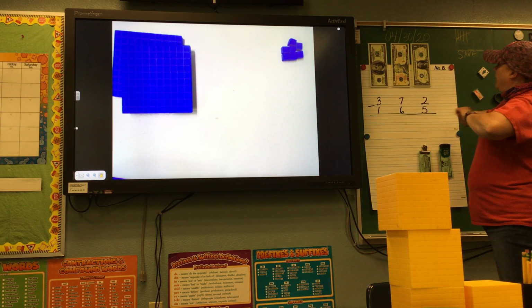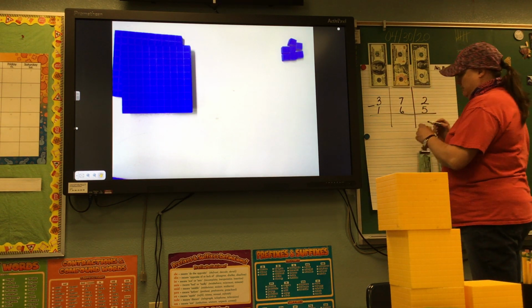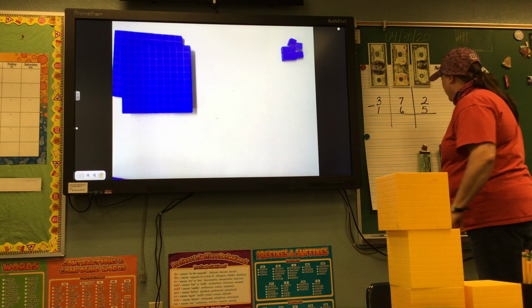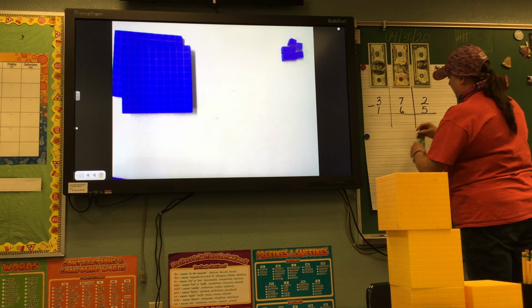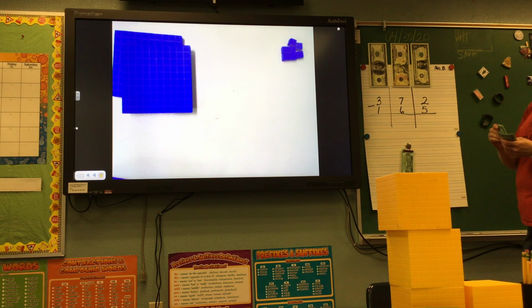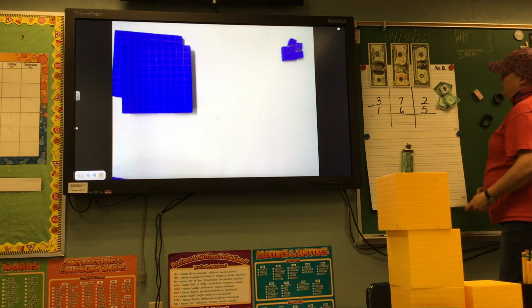Now, I want to go back and remember that we have a ones column, a tens column, and a hundreds column. Okay, now starting out, I'm going to go ahead and start with my ones. It says I have 2 ones, take away 5 ones. Okay, there's 1, there's 2 ones. 2 ones in my ones column.